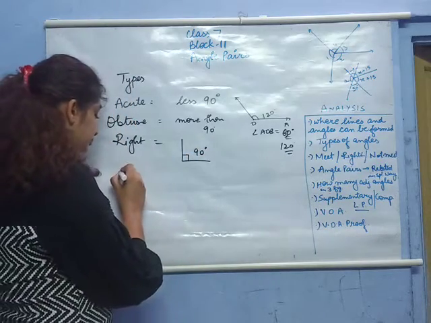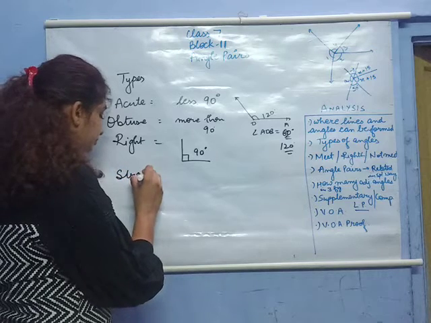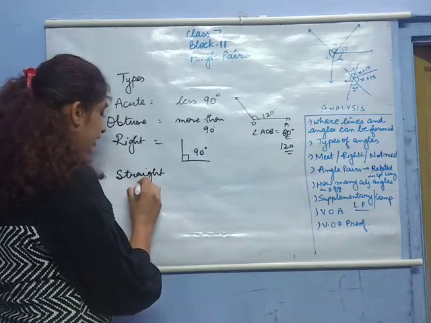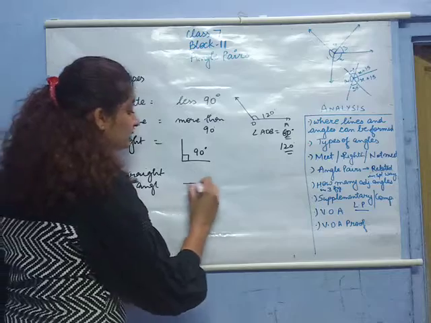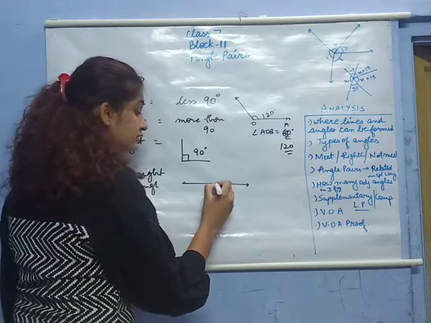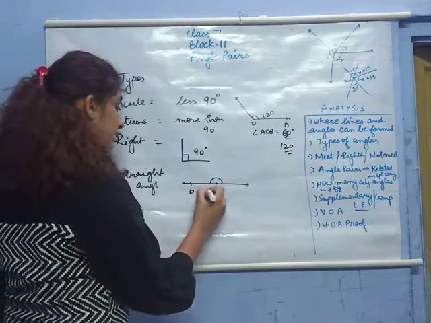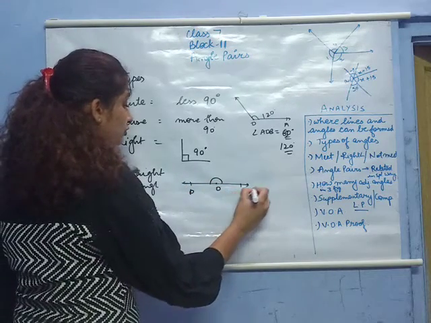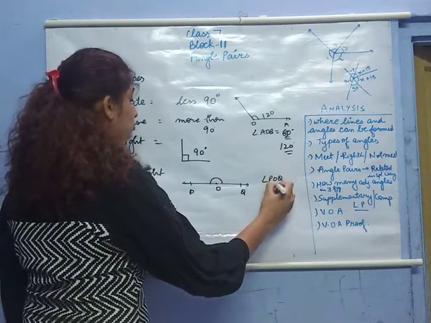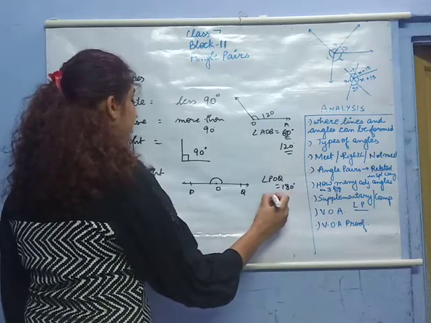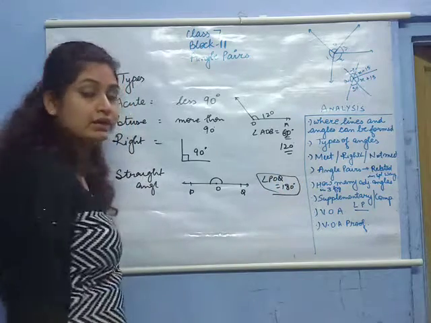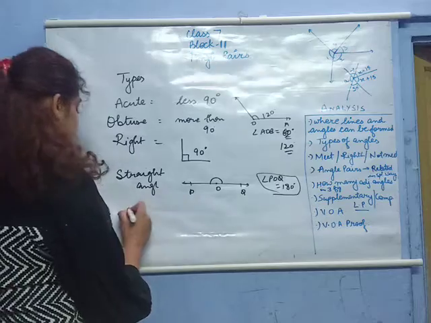Then comes straight angle, whose measure is 180 degrees. It is a straight angle because it is making a straight line. So angle POQ, whose measure is equal to 180 degrees, is a straight angle. Then comes reflex angle.